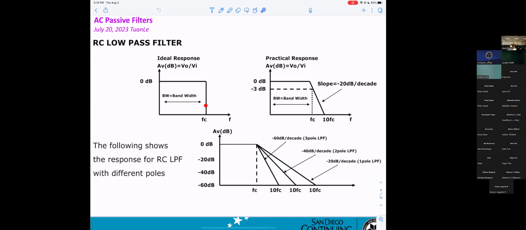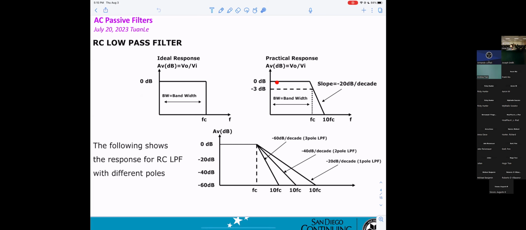After the cutoff, we don't care. This is the ideal output, and this will be a practical one. We cannot get the ideal. Normally, we're working with the practical filter.